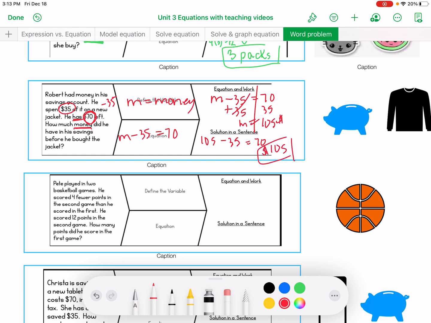Is that reasonable? Does that make sense? It's asking how much money did he have in his savings account before he bought the jacket? He had $105. He bought a jacket. He spent $35. He has $70 remaining. That is reasonable. That makes sense.